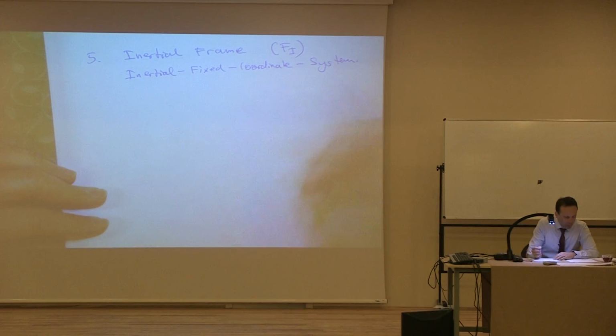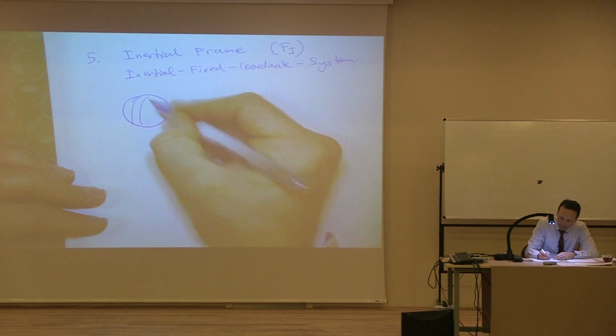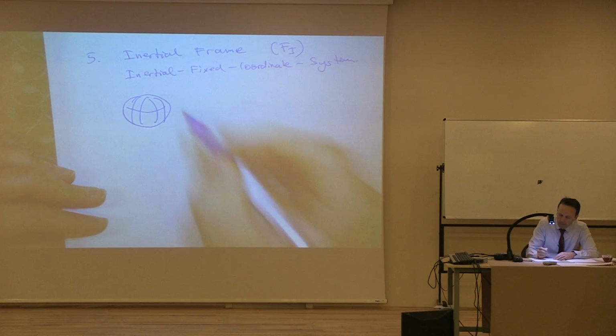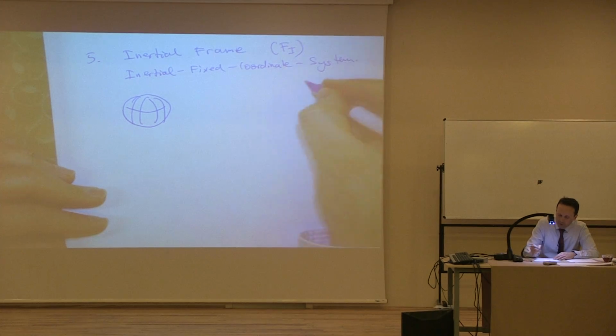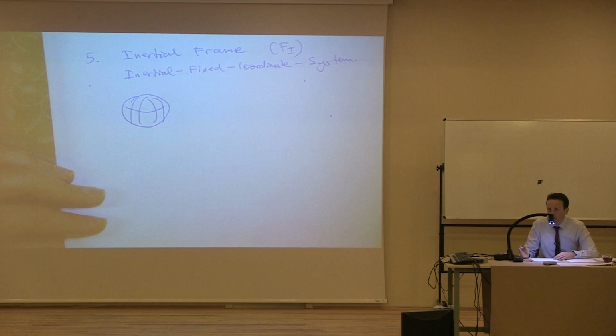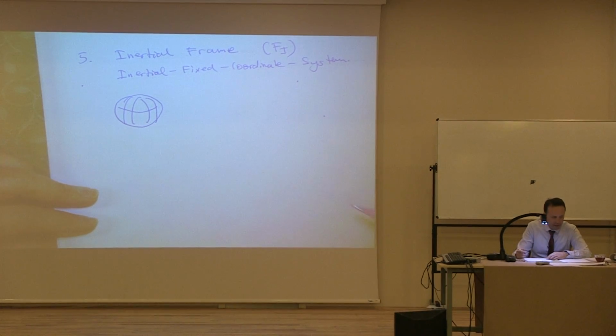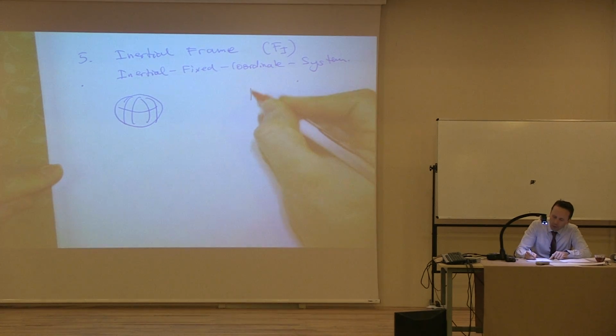Well, you know, we have already talked about this. This is my Earth, right? And we have distant stars. They seem to be fixed. We don't know if they're really fixed or not, but we assume they're fixed. So we can define a coordinate system anywhere we want.